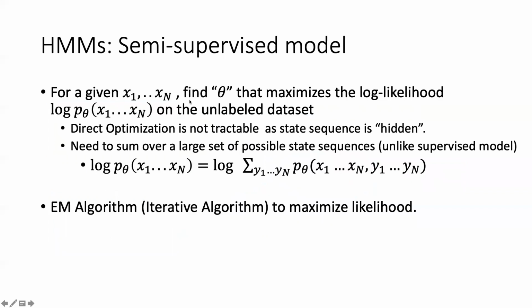Direct optimization is not possible as the state sequence is hidden, which leads to a sum over all possible state sequences. So in order to address this problem, we use the EM approach to iteratively estimate the parameters which maximize the likelihood of the data.